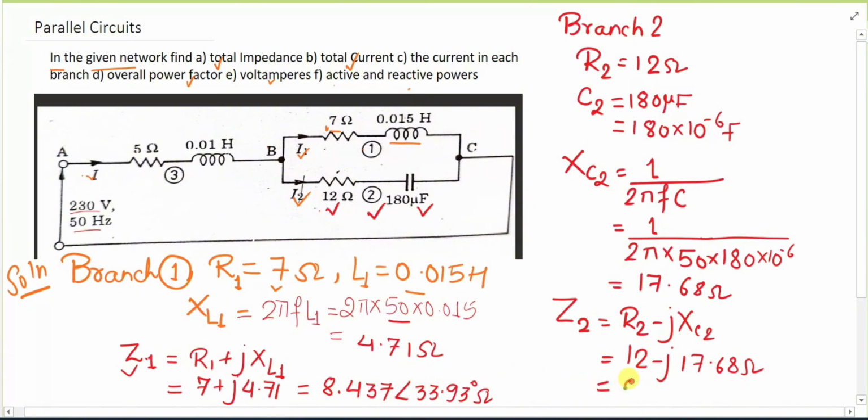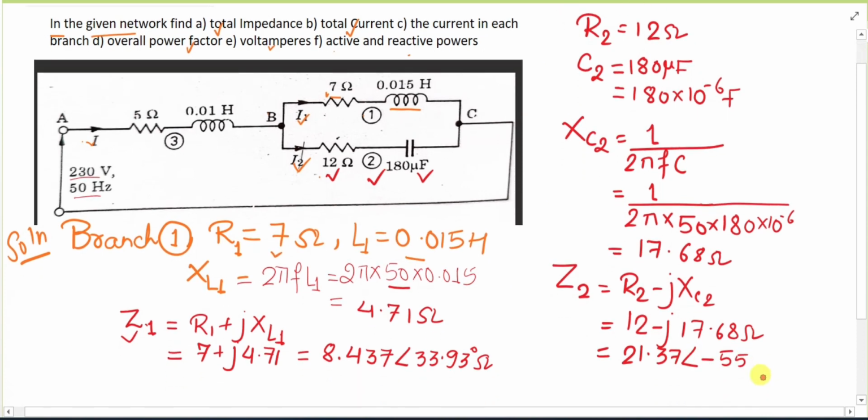This one is 21.37 angle minus 55.83 degree.